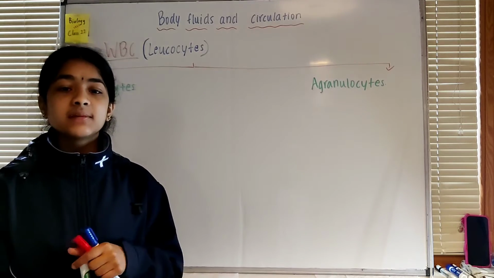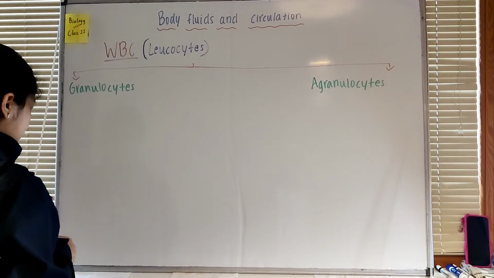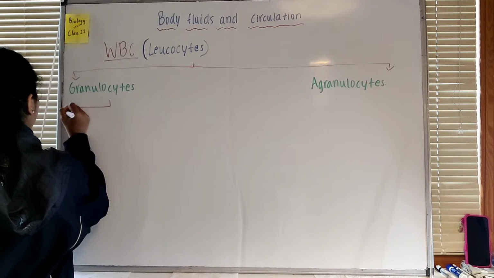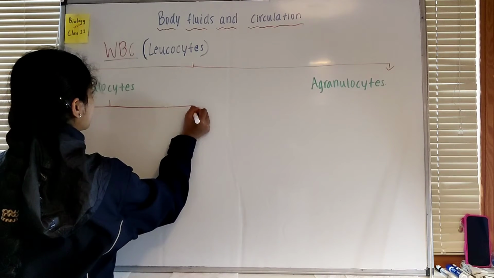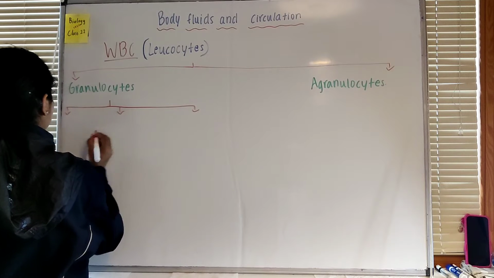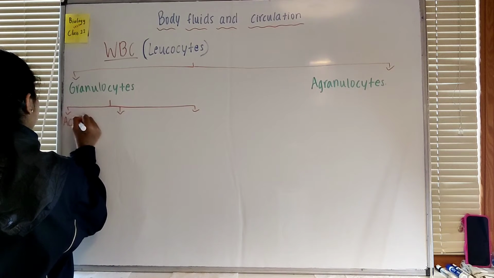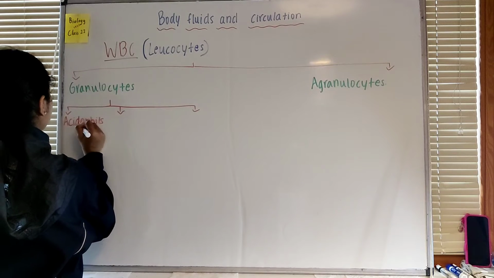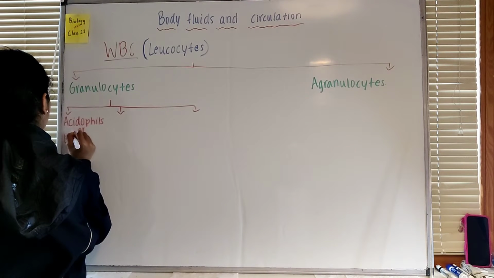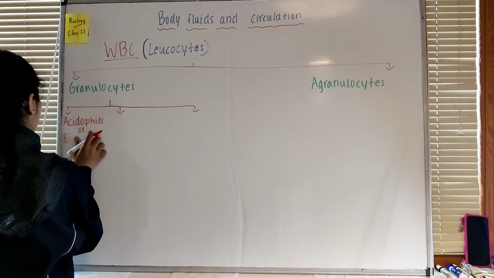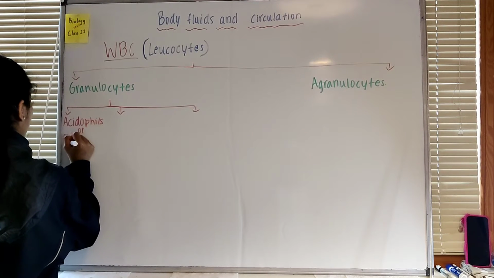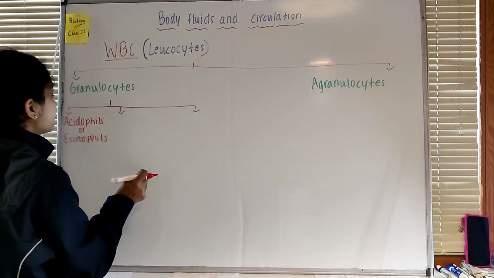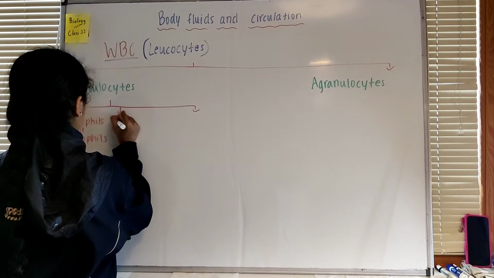The granulocytes can be divided into three categories, on the basis of their function, the shape of the nucleus, and all the things. The first one is known as acidophils, or they're also known as eosinophils. The second one is known as basophils.